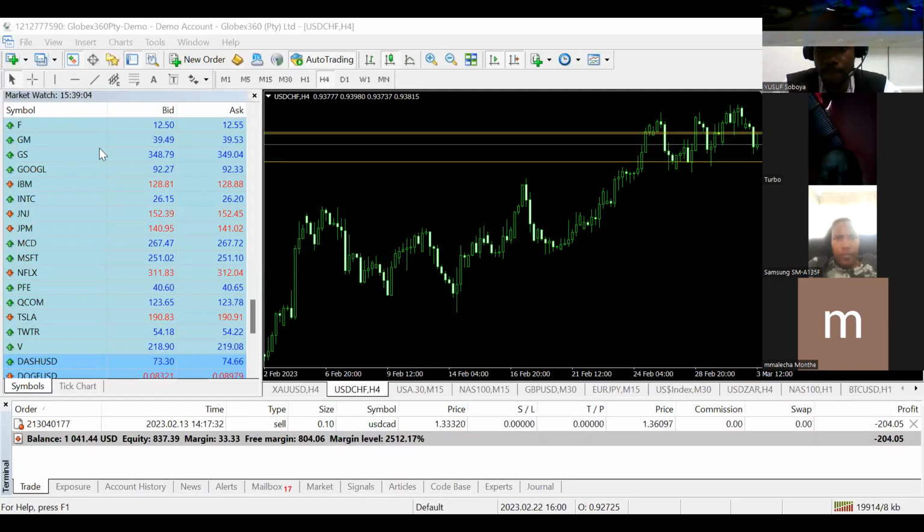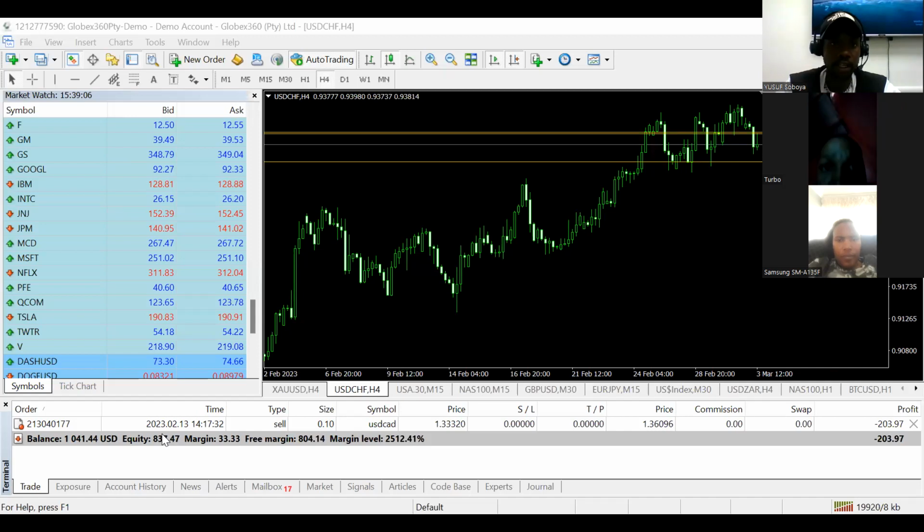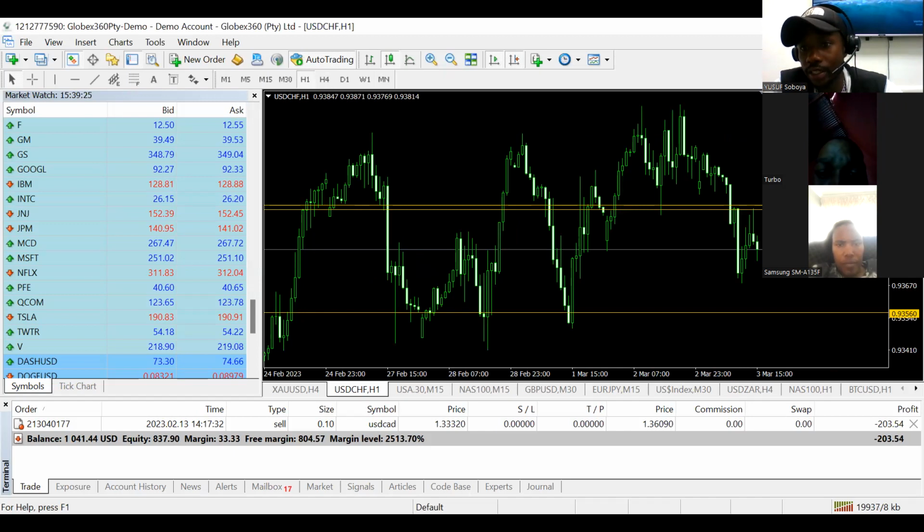Okay, so this is what I was actually drawing based on the information that we get on the Autochartist, right? All the information that we get on the Autochartist. Entry point, I don't know if you can see it. Okay, let me go maybe on H1. Yeah, entry point 0.9397. You can see there.